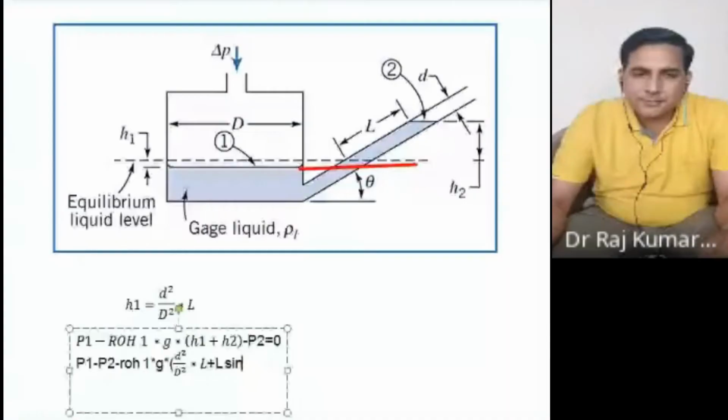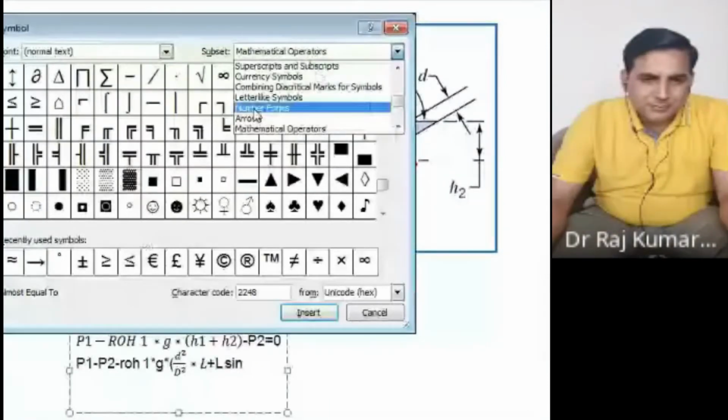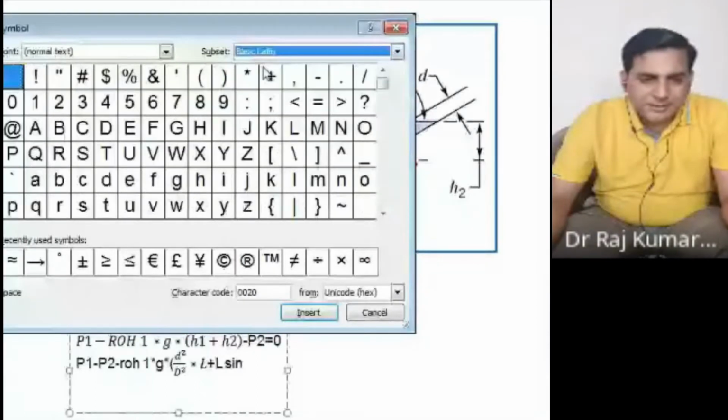What is your H2? L sin theta. So you can write here L sin theta.